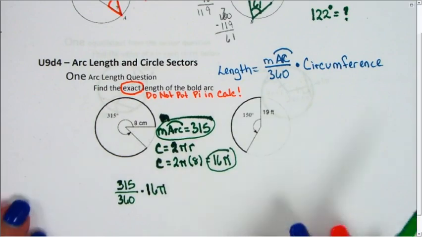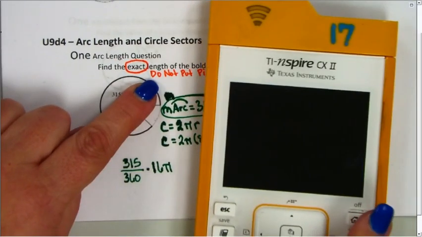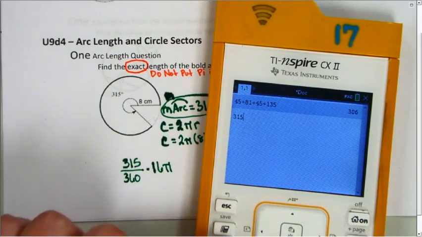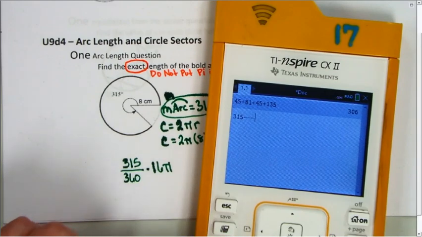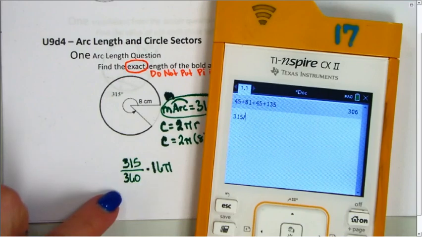So in my calculator, I'm going to do 315 divided by 360 times 16.